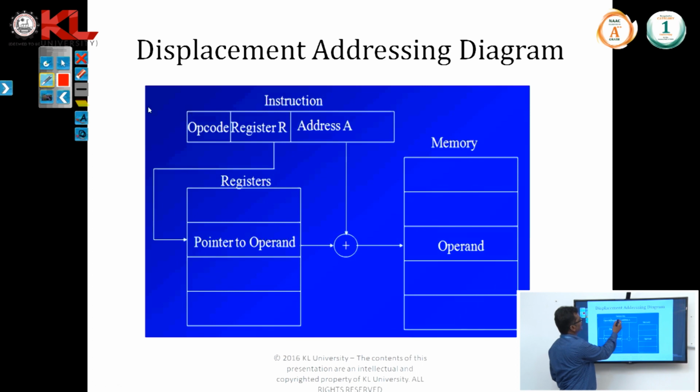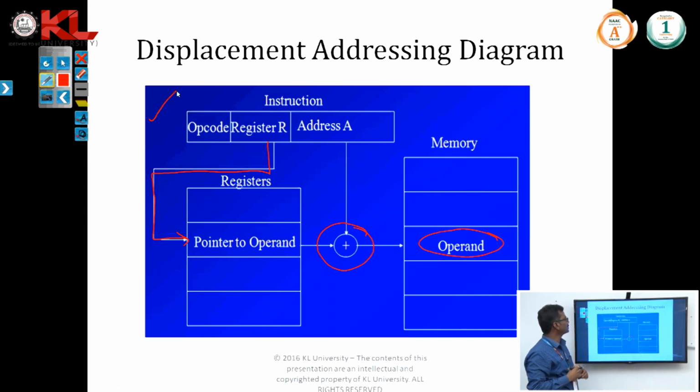It all starts here: the instruction has register R and the address A. This is the first reference, and then the address of that particular data present in the memory is added. If you add these two together, you are going to get the actual location of that particular operand. So this is about displacement addressing mode.